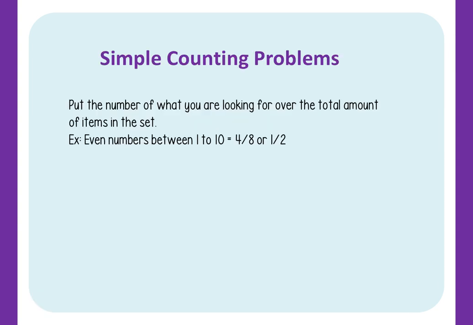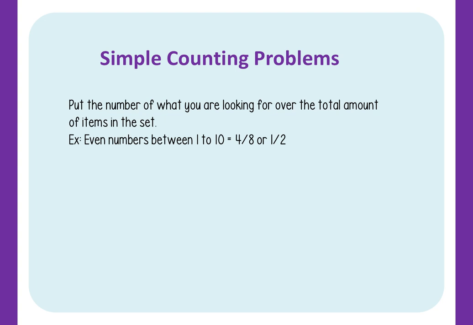So we start with our simple basic probability, which is, let's just say that there's 10 things in front of you and you want to know what the chances are of pulling from a specific color or number or whatever it is. That's your simple probability. The goal there is to put the number of what you're looking for over the total amount of items that are there. So let's say, what's the probability of picking an even number between the numbers 1 and 10?